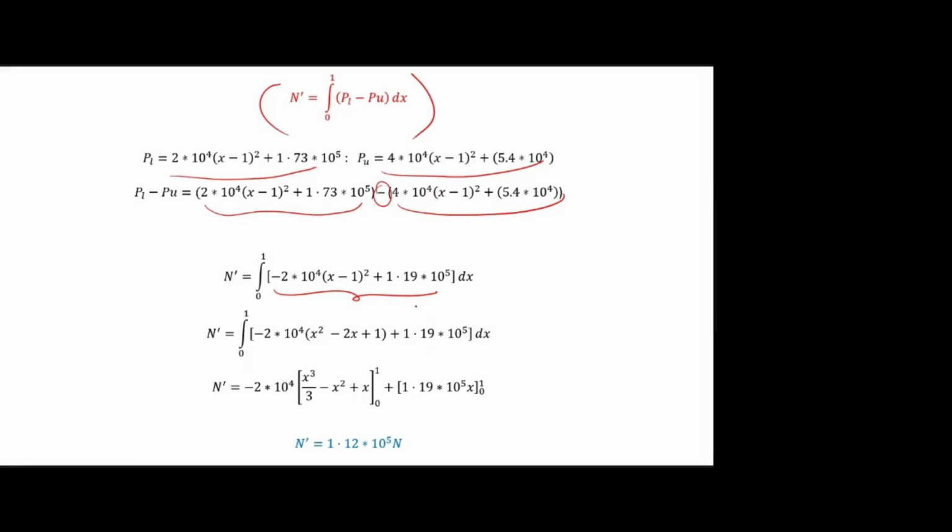Then we have to integrate it. Before that, this x minus 1 whole square we can expand, a minus b whole square. Then if you integrate, you will get x cube by 3 minus 2x square by 2, the 2 gets cancelled, plus x. Here additionally one x term, that's it. Then apply the limits, you will get this n dash value. Is that clear?